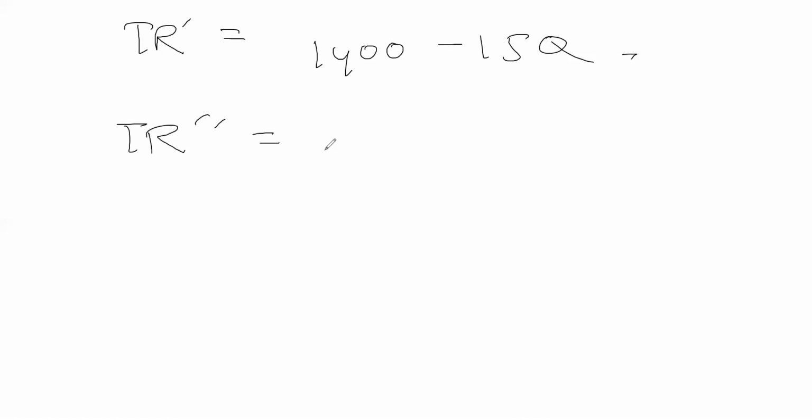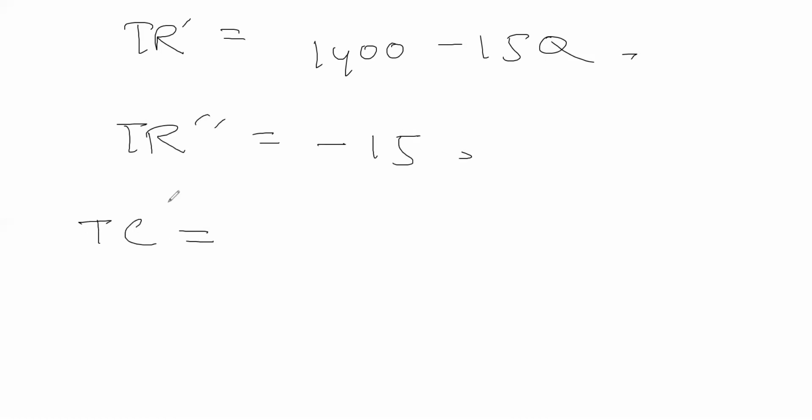Now, the first order condition of total revenue provided us with 1400 minus 15q. This was the first order partial derivative, right? So if we differentiate it with respect to q again, we get negative 15.